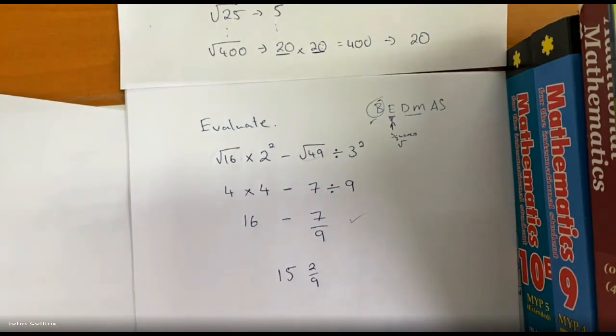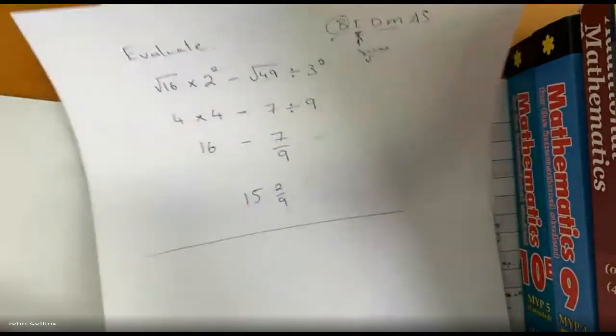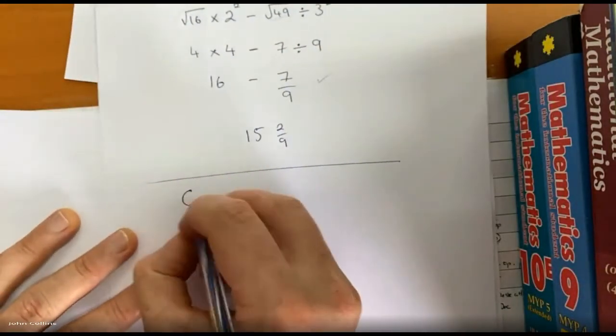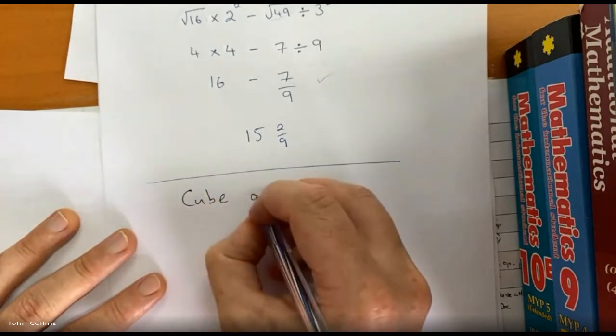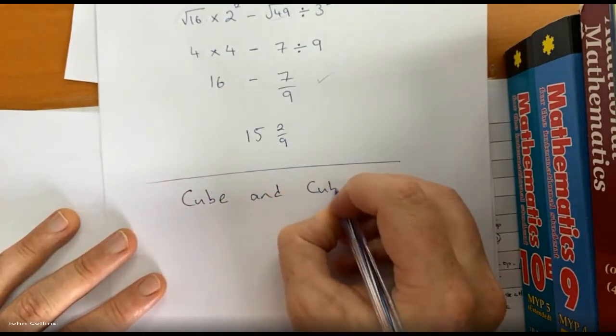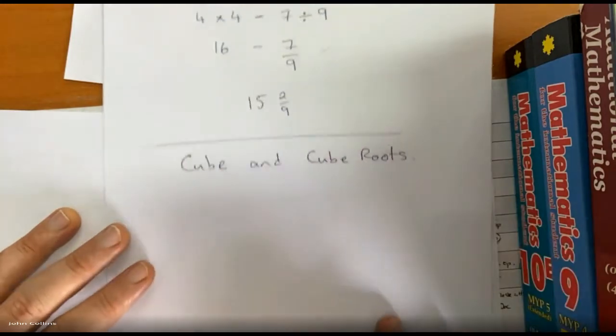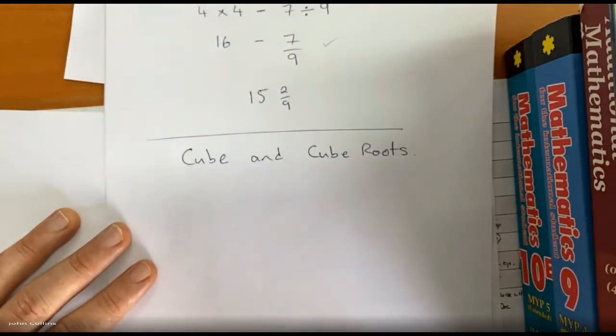All right. So that's squares and square roots. What about cubes? And cube roots. 3 multiplied by 3 of itself.